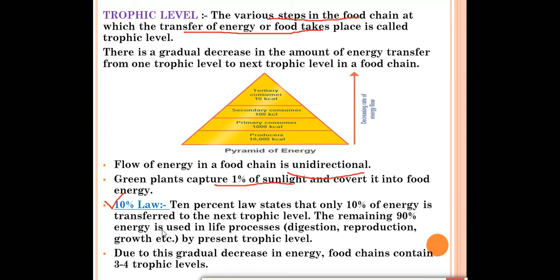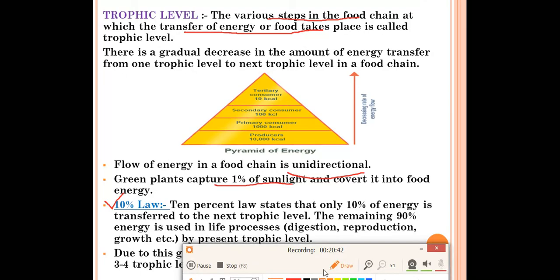The 10% law states that only 10% of the energy is transferred to the next trophic level, and the remaining 90% will be used in different life processes like digestion, reproduction, growth, etc. Due to this gradual decrease in energy, food chains contain 3 to 4 trophic levels. Whenever you look at an example of a food chain, you can see only 3 or 4 organisms involved. Because the decrease in energy carries on, only 3 or 4 trophic levels can be seen in a food chain.